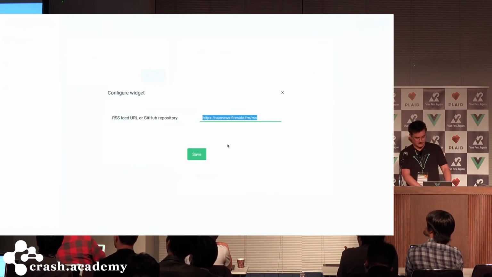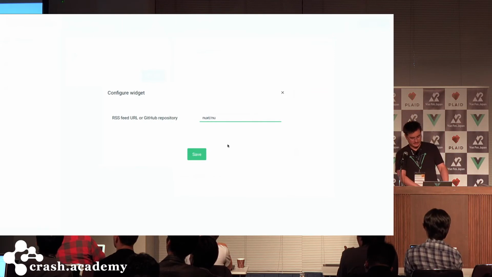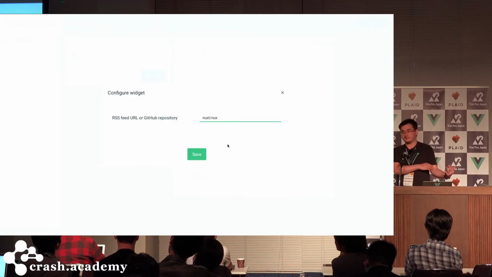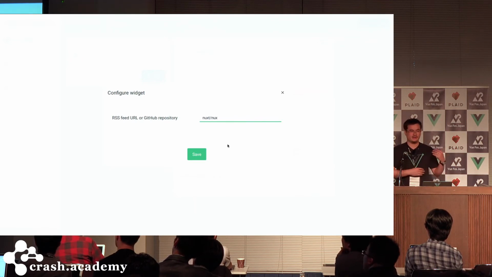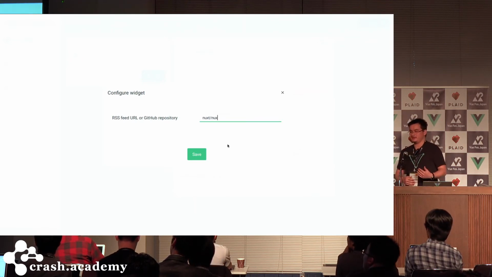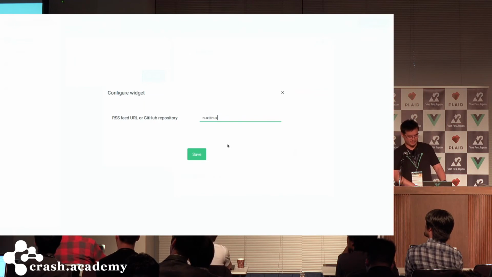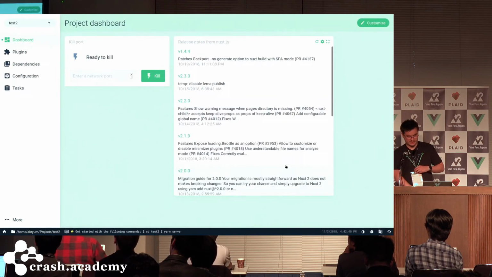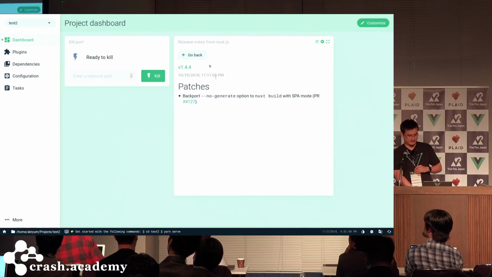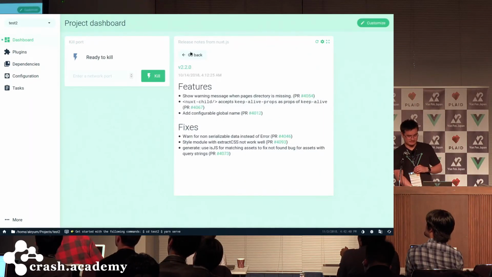For example, you can type either an RSS feed or an Atom feed or the name of a repository on GitHub, and you get the release notes. So for example, if I type next on next.js, I get the release notes of that, and I can click on release notes and get more details, like this one.